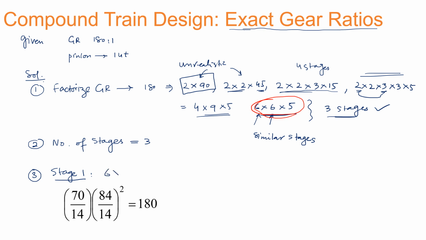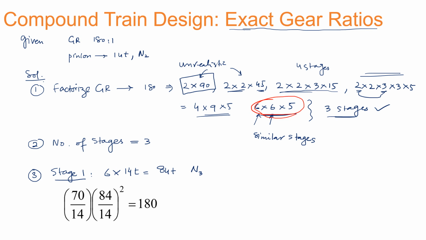So 6 into pinion gears, a number of teeth on the pinion gear, like 14 teeth, that is going to be 84 teeth on the first gear. So this is going to be, if I may say that, N3, because the pinion is defined to be N2.